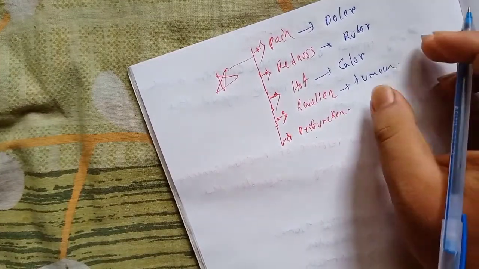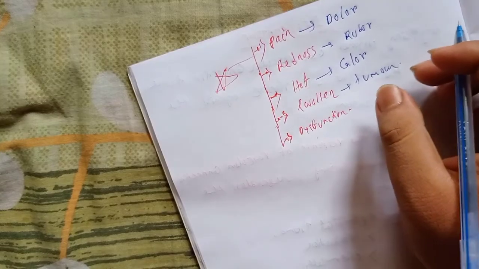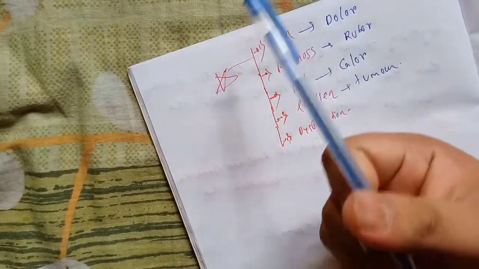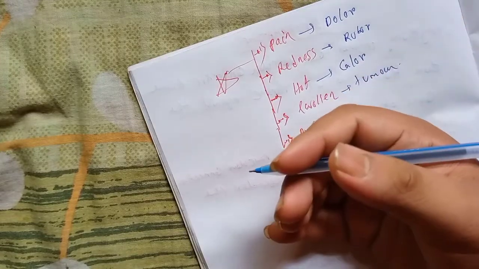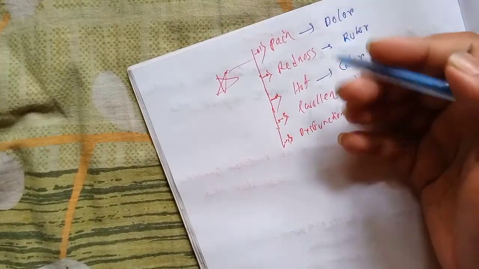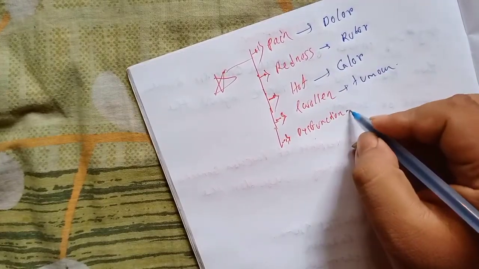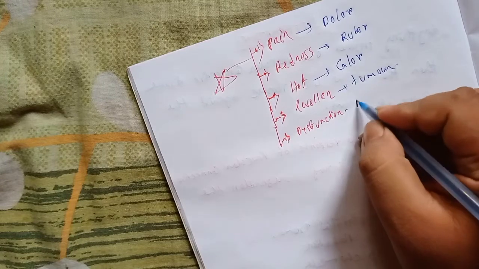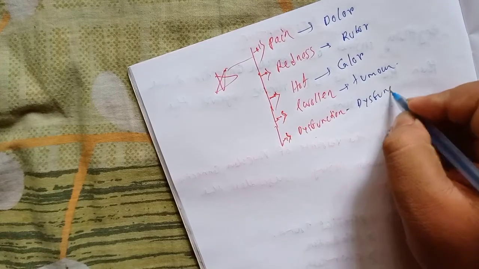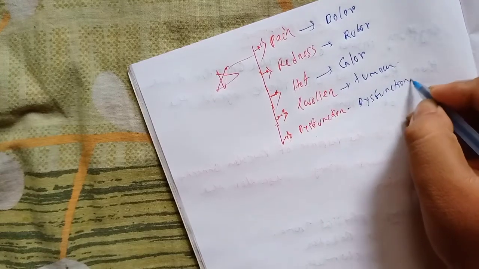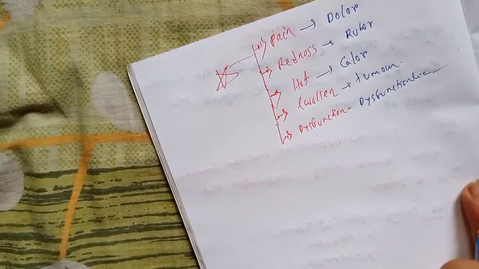Remember guys, this tumor does not mean the benign or malignant tumors caused by neoplastic cells; those are other things. This is a normal tumor by cause of injury, for normal inflammation. And dysfunction we can say functio laesa.